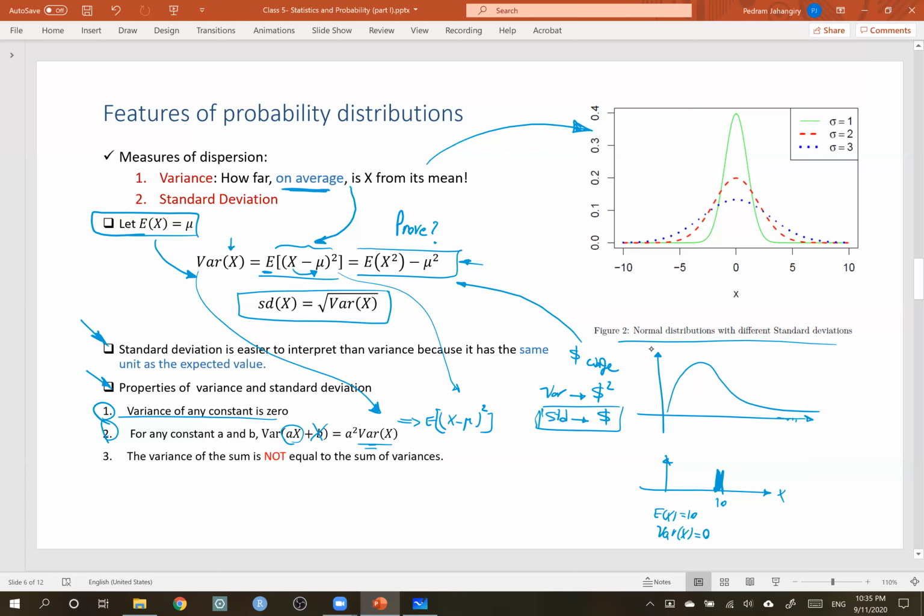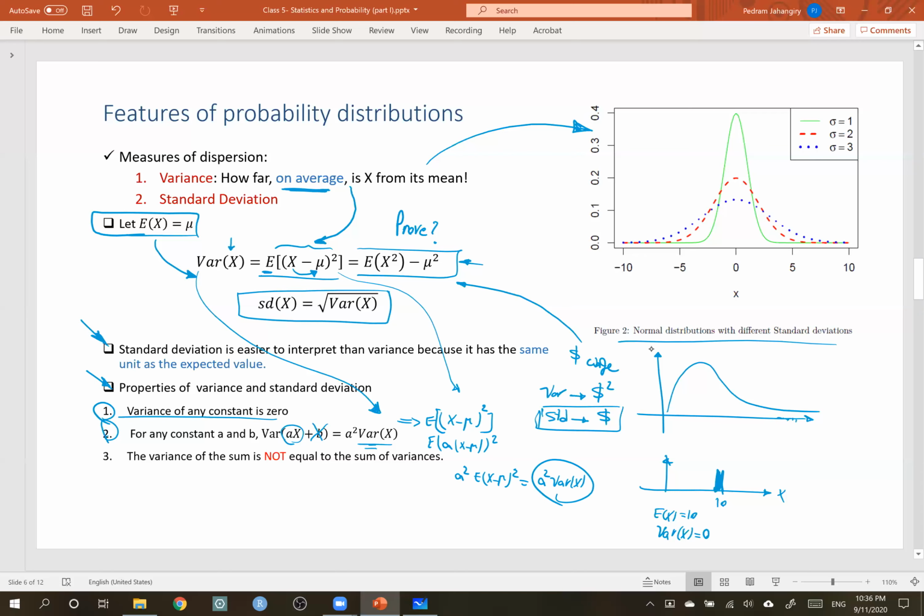So I can write ax minus a mu. I can factor out the a, x minus mu. Then when I square it, I have a squared times the expected value of x minus mu squared. There you go, I have a squared variance of x. I just proved it for you.